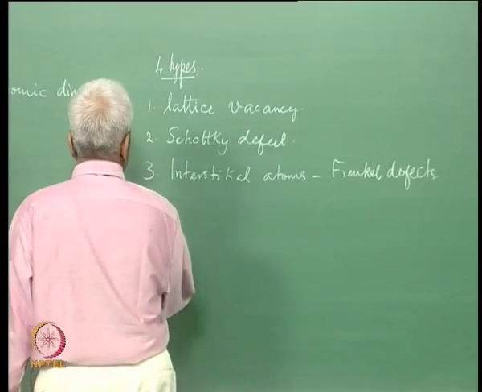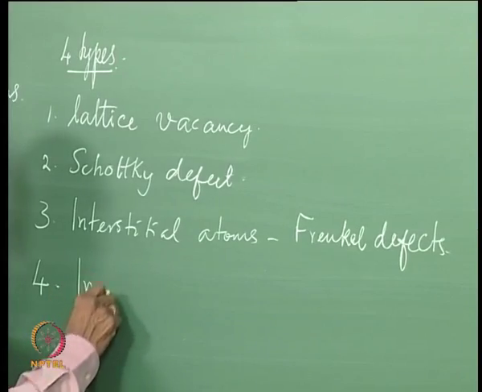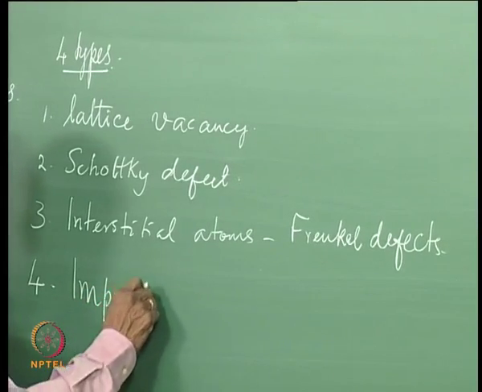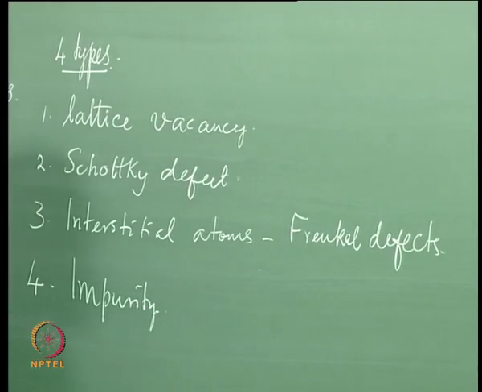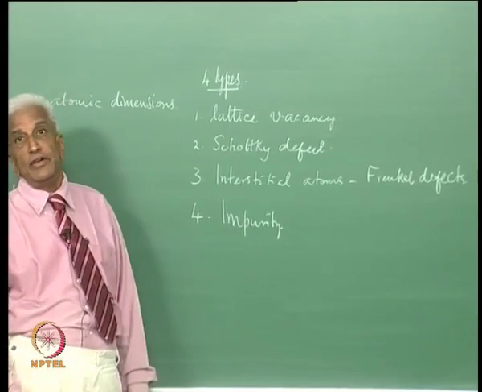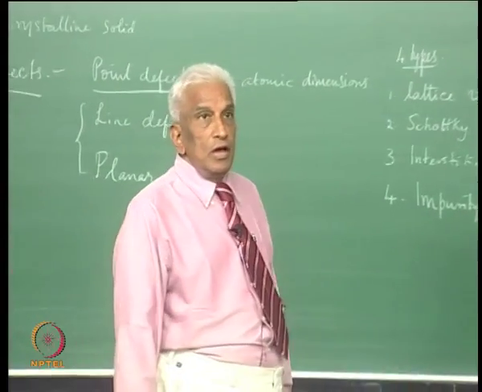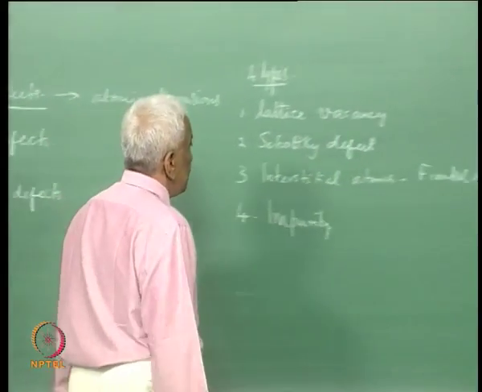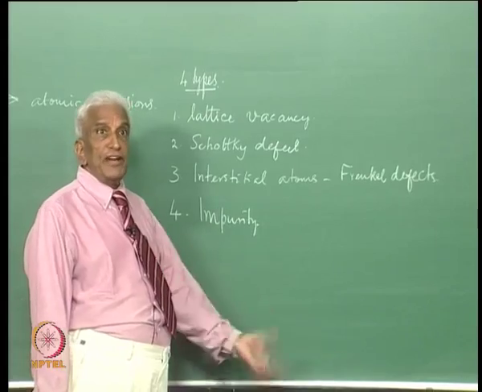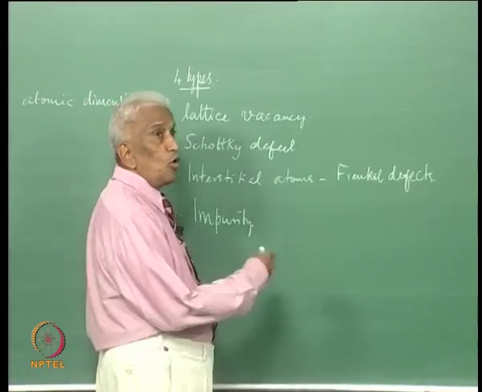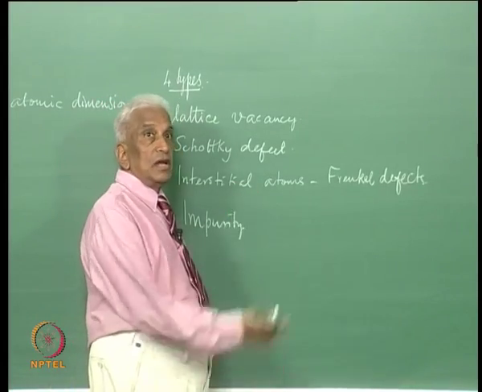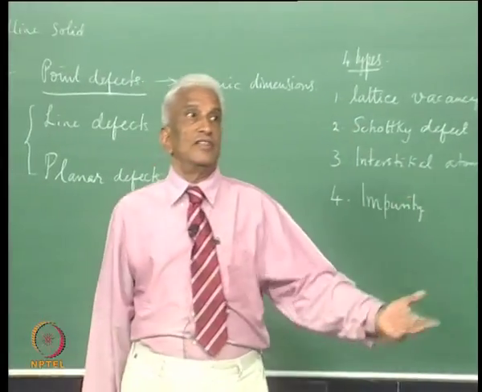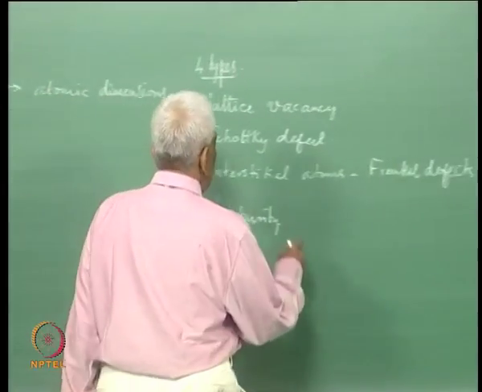Then the fourth type is actually an impurity, as we saw in the case of semiconductors, such as silicon or germanium, which are deliberately doped with pentavalent or trivalent impurities, or even divalent and hexavalent impurities, which are different atoms. So, these atoms go and occupy either an interstitial position or a vacant site in the regular crystal lattice.